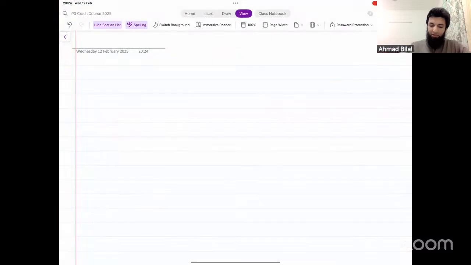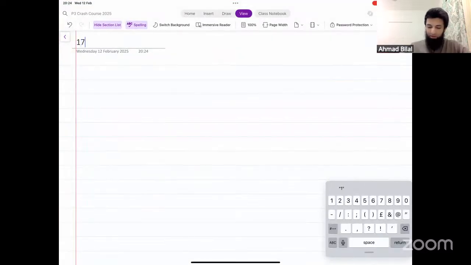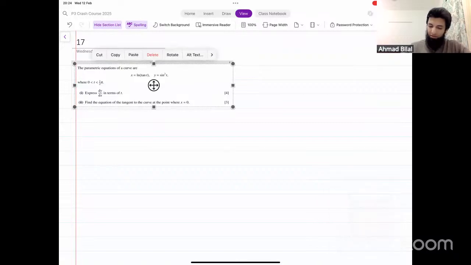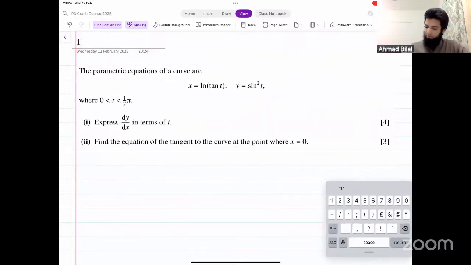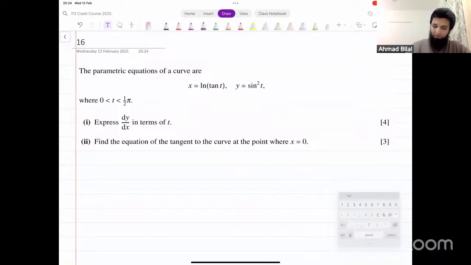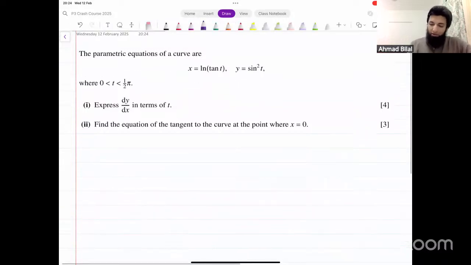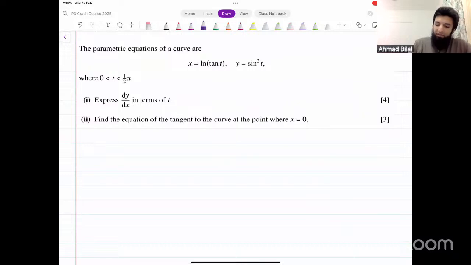And in the first part, they want us to find dy by dx in terms of t. These are parametric equations, x equals this and y equals this. What they want us to do is find dy by dx in terms of t. Let's try that. Part one.